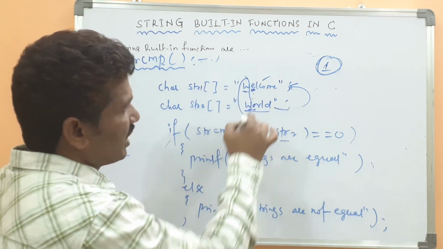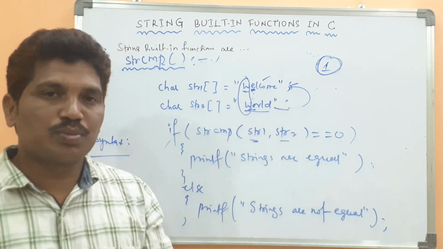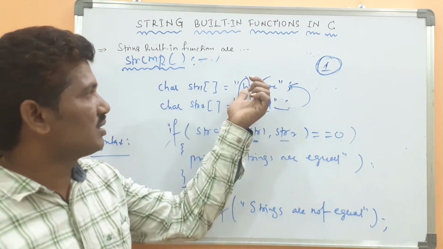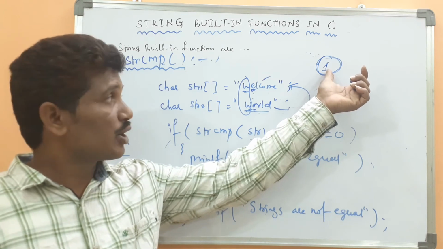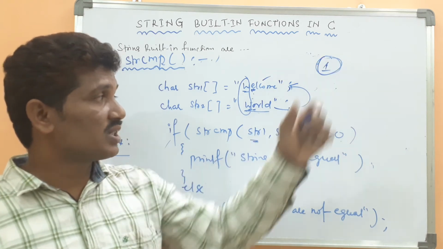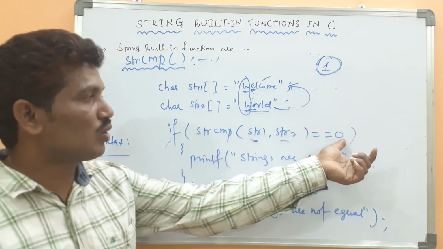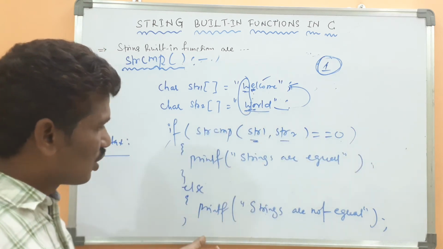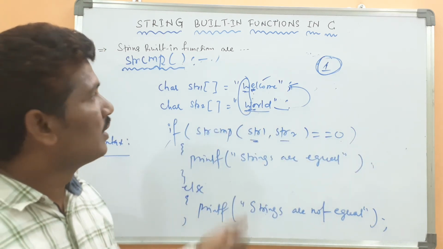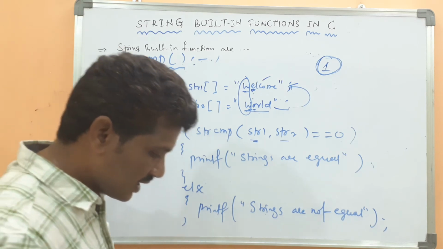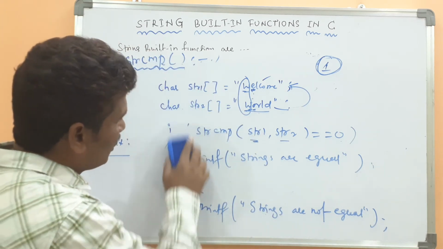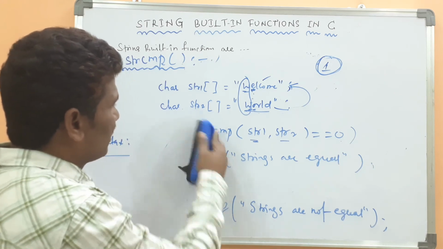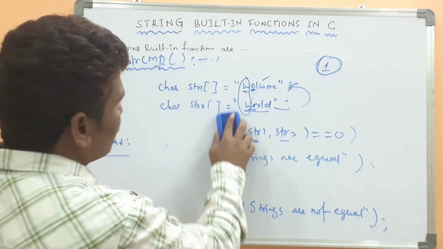Here both are not matching, so it returns the index position 1, because it is not equal to 0, and then it comes to the else part. This is called the string comparison function. Isn't it? If you have any doubt, please post your query in the comment box below.